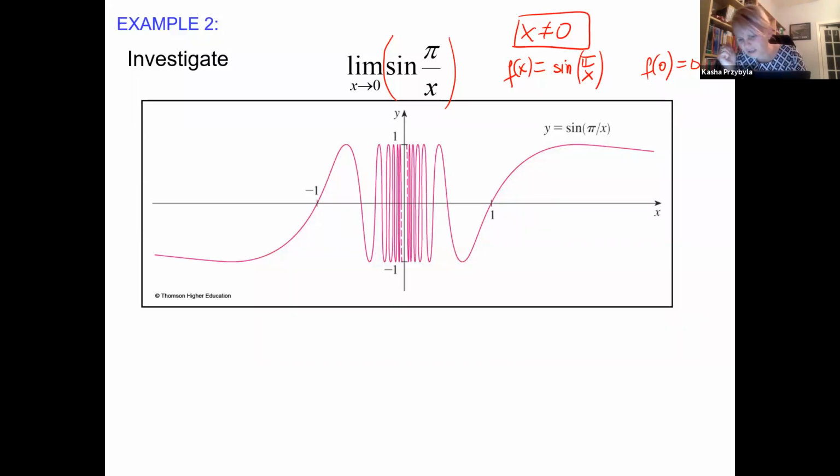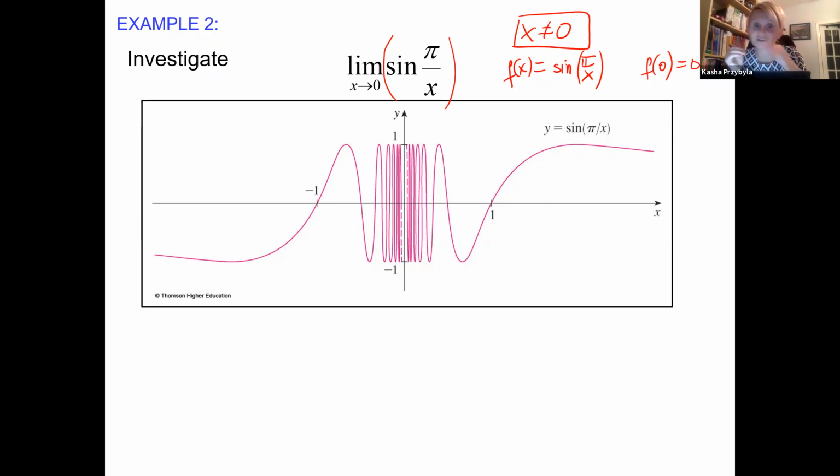The function is oscillating when x is getting closer to 0. It's jumping from 1 to -1, 1, -1, 1, -1, and as it gets closer and closer to 0, it will always oscillate. The thing is, we do not have one finite number that the function is approaching.